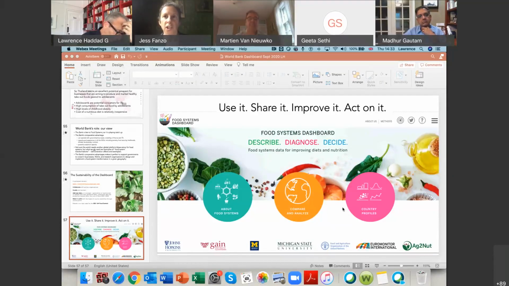We're really trying to capture indicators that are representative for the world's food systems. So that's part of the criteria process too, moving forward, is that we don't create a bias towards countries that tend to have a rich data set of food system indicators.